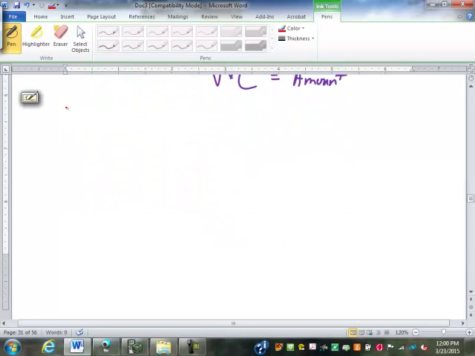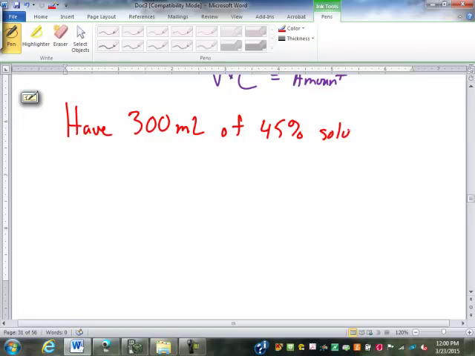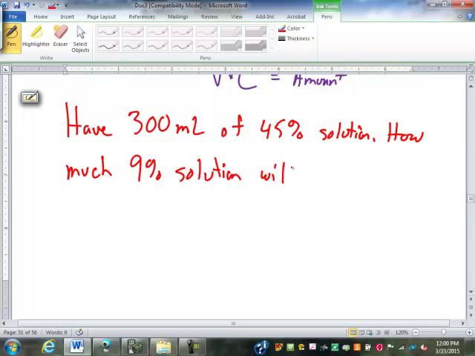So let's say we have, let's just say we're going to have 300 milliliters of 45% solution. How much 9% solution will this make?